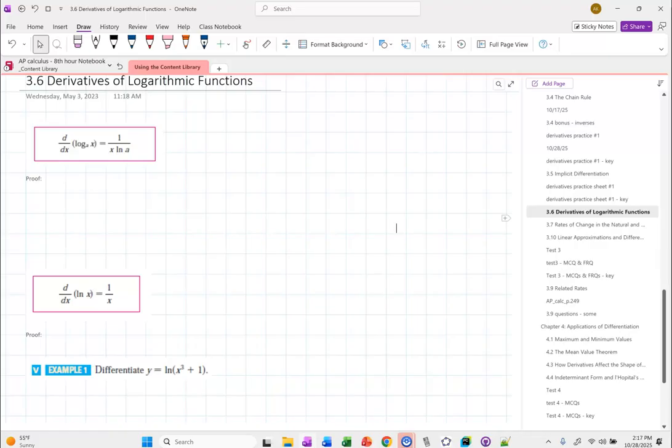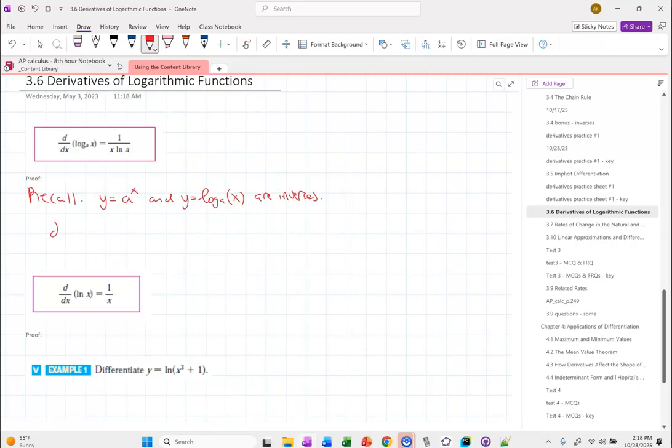I'm going to prove this much in the same way I did for sine inverse. I'm going to use inverses. So a to the x and y equals log base a of x are inverses.